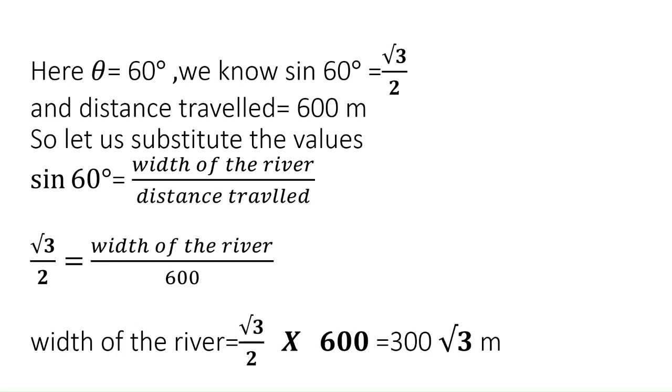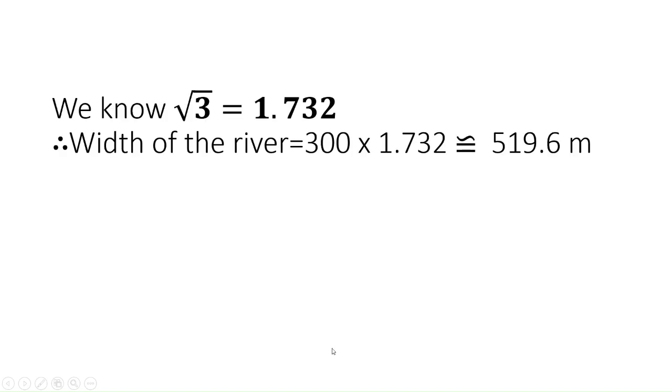Finally, we are able to find out the value of the width of the river. That is nothing but PQ. PQ is nothing but the perpendicular distance between two points on either side of the banks. Yes or no? So width of the river is equal to 300 root 3 meters. Right? Now, we know the value of root 3. What is it? Root 3 is equal to 1.732. So let us substitute that value also.